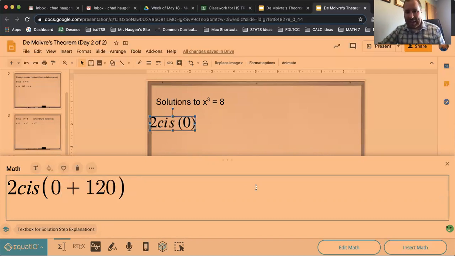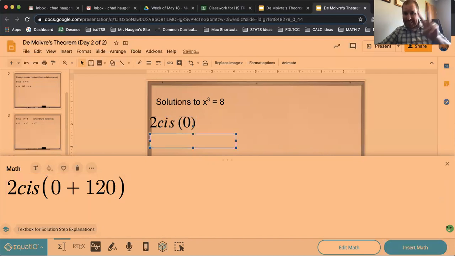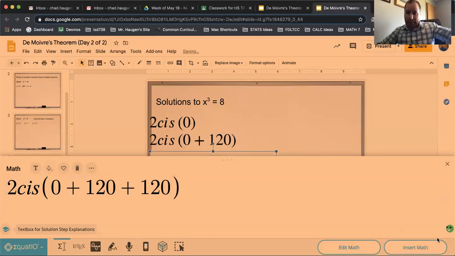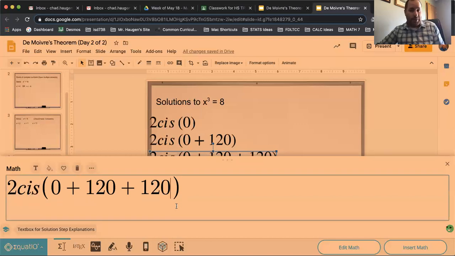So we're going to add that to the angle. That's the second possibility. And then the third one is to do that yet again, move by another 120 degrees. And then if we wanted to, you could keep going. I mean, you could find a fourth answer, but really this now will be moving by 360 degrees, which is the same as 0. So you just sort of start repeating again, so you don't have to go anymore.